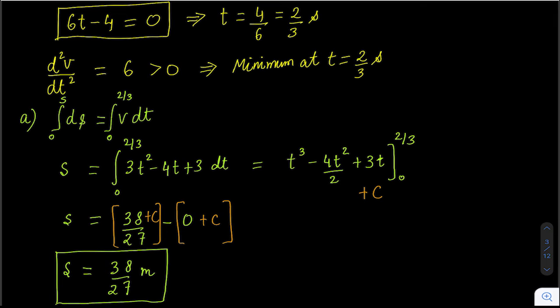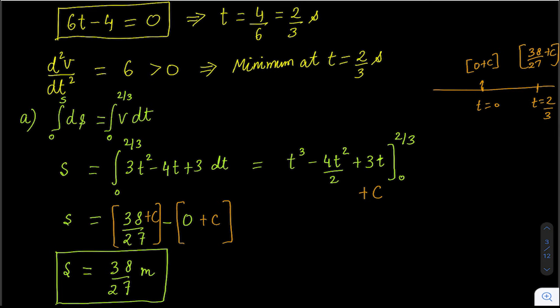And when you subtract them, because you need to find distance, right? One position is at time t equal to 0, and one position is at time t equal to 2/3. So here the position is 0 plus c because we are using indefinite integration, and the second position is 38/27 plus c.